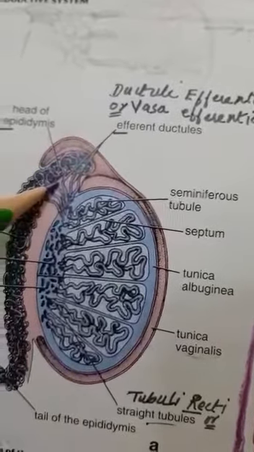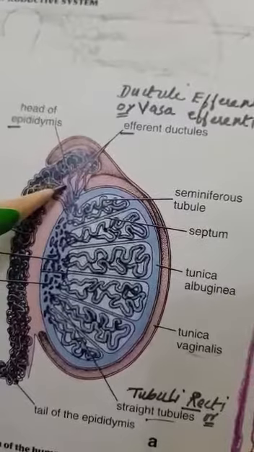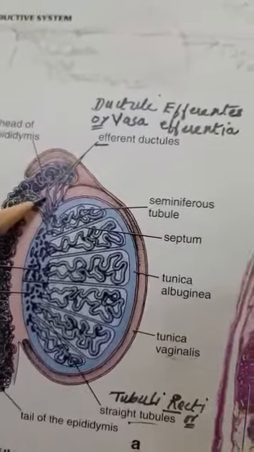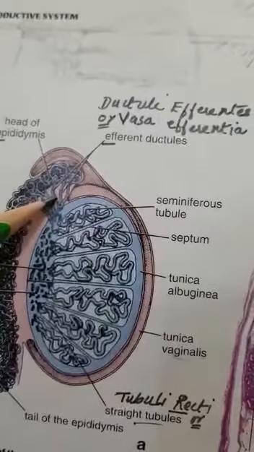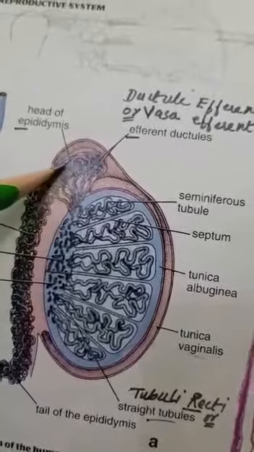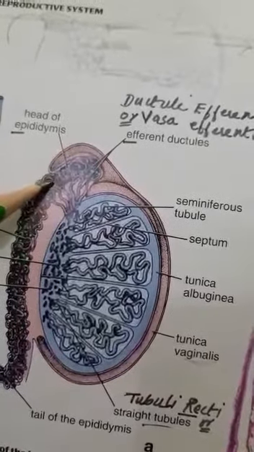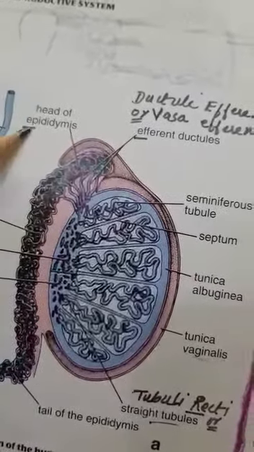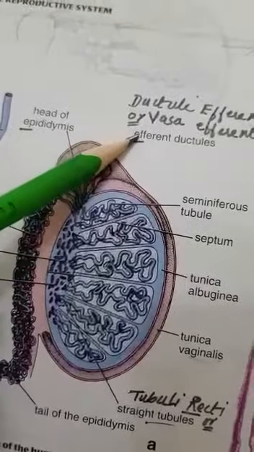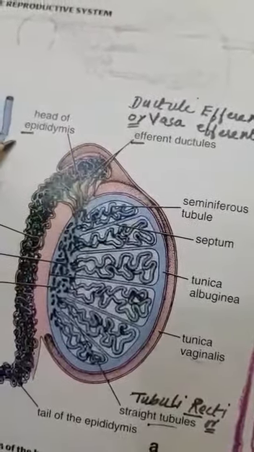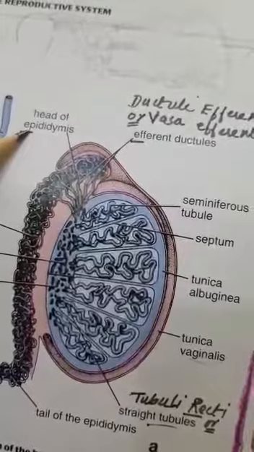Two to three names are given. The thing common is E: efferent, efferentia, or efferentes. They are going to join the duct of the epididymis, again E. So we can memorize that the efferent ductules, starting with E, end in E, the duct of epididymis.